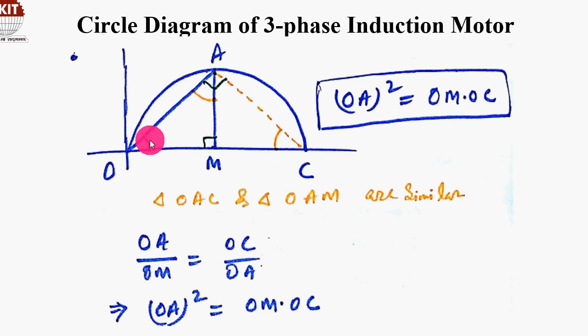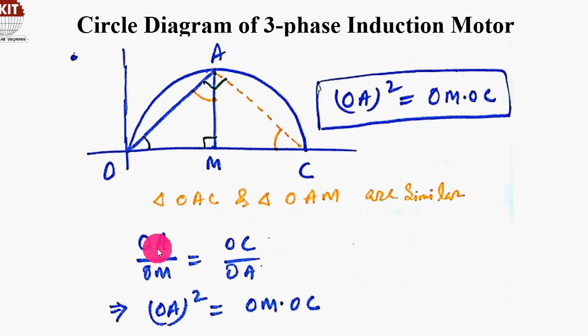Now this angle is common to both triangles. So by angle similarity, we can say the bigger triangle OAC and the triangle OAM are similar in nature. As these triangles are similar, I can write from the similarity that in this bigger triangle, this side is opposite to this angle.